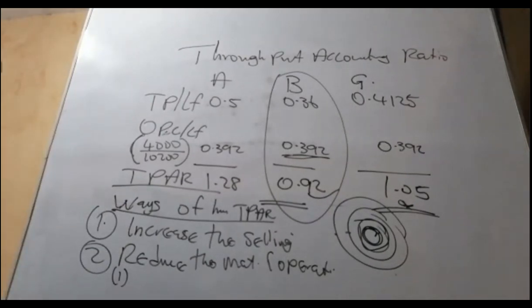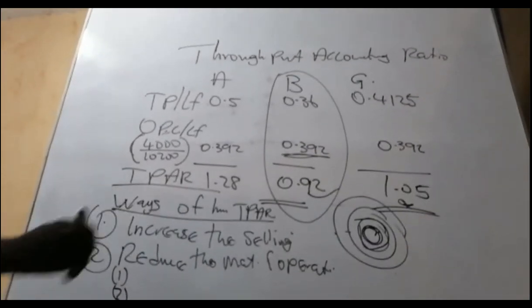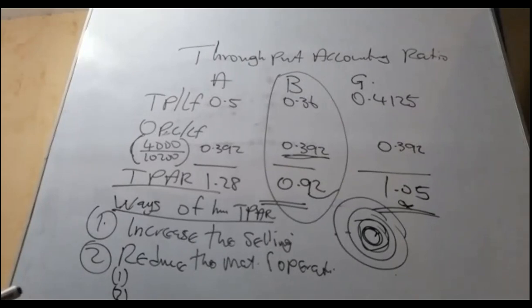Two, you can also reduce material and operating costs by employing more of what? Technology than labor. Using more machines and advanced technology than labor, because machines will be faster and more efficient than labor.